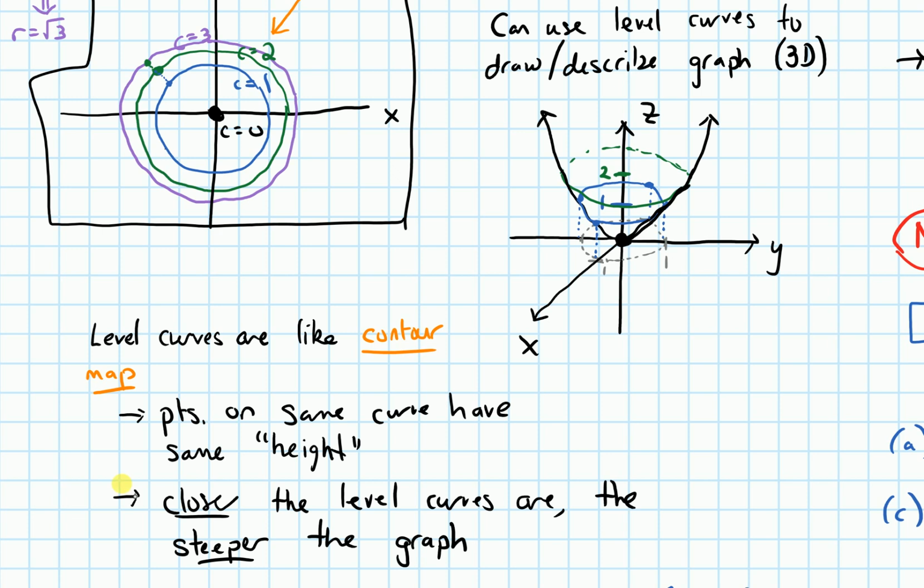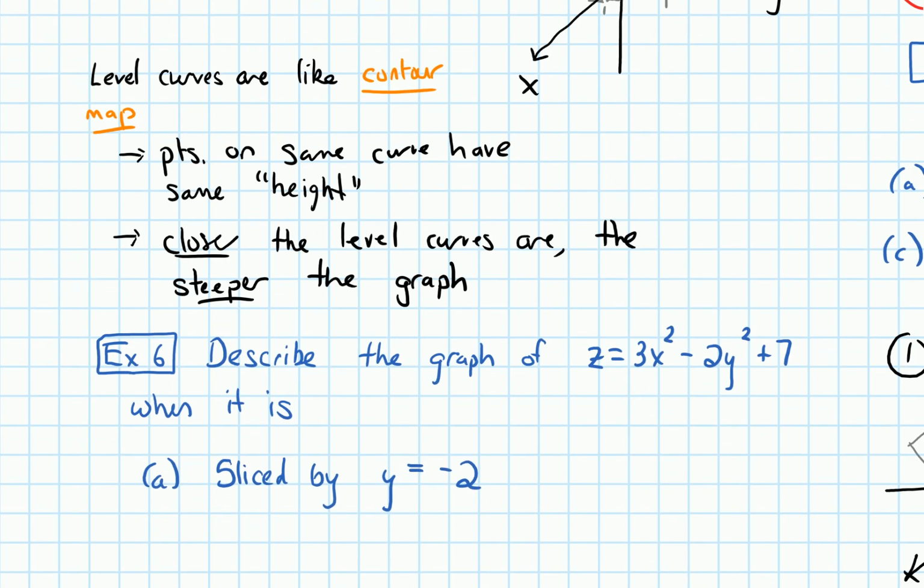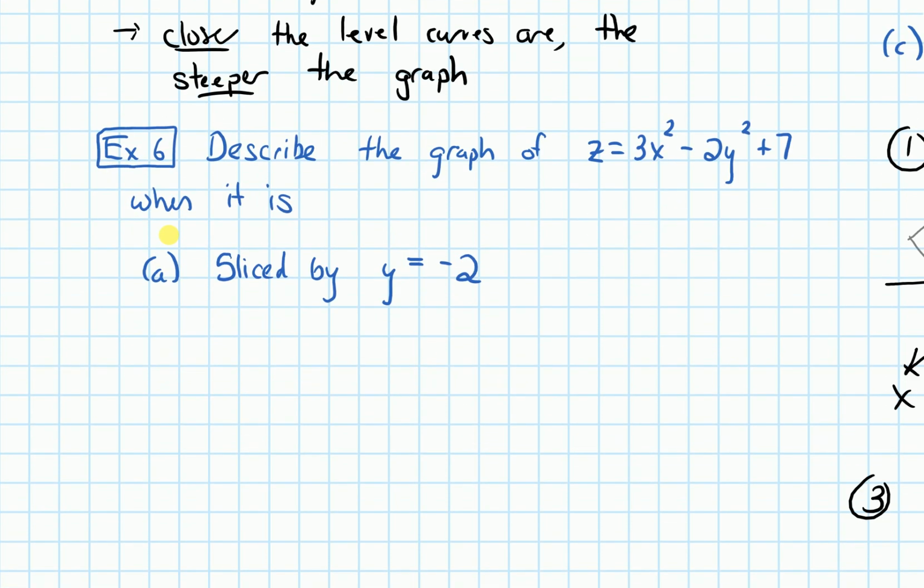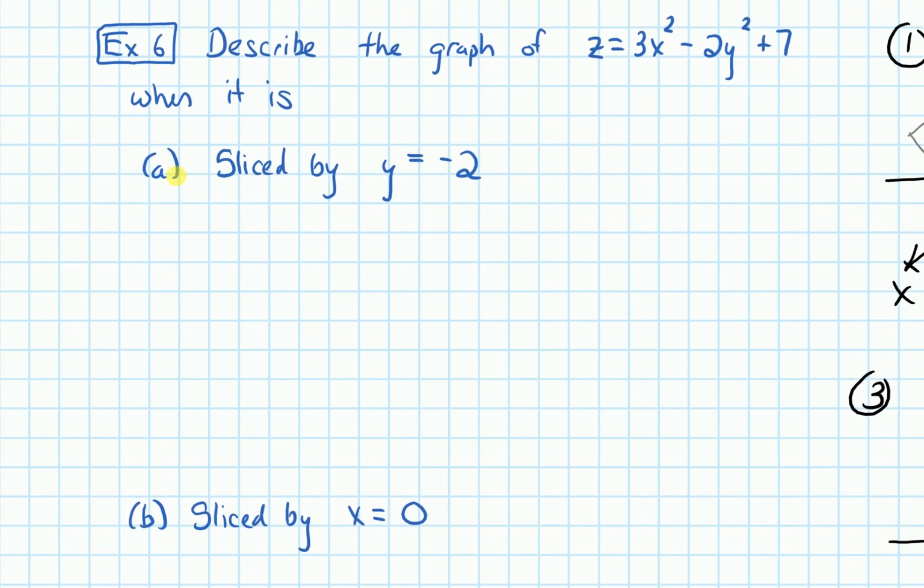So let's look at another example. But in this example, we're going to talk about slicing 3D shapes. So I want to describe the graph of this equation when it is first sliced by y equals -2. So what does that mean?